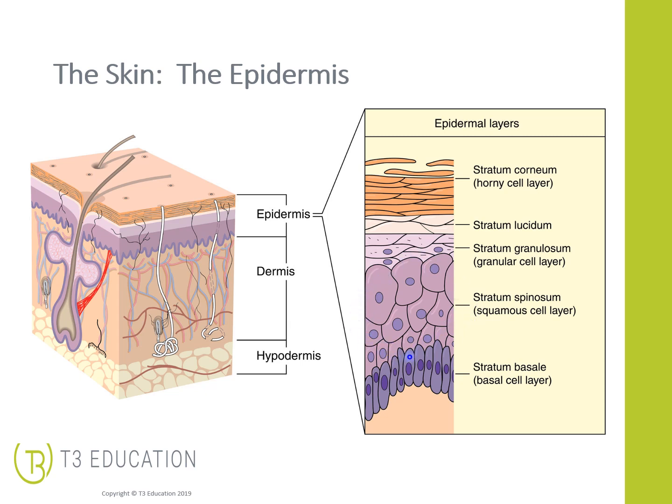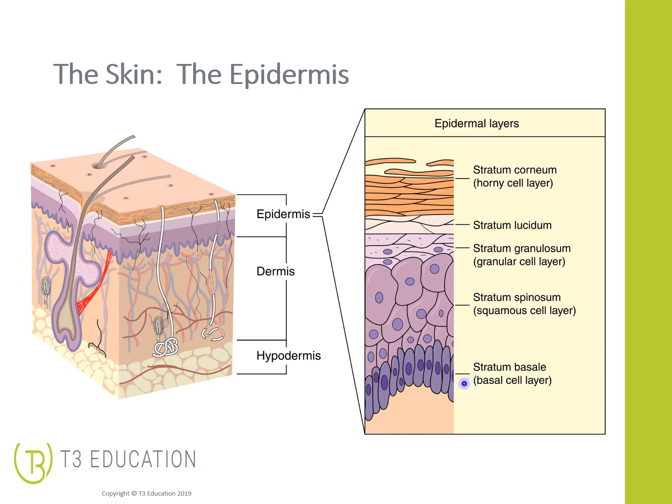And those projections help give structural reinforcement to the skin. And that's what helps to provide the strength and elasticity and the flexibility that we see when we apply shearing forces to the skin. It doesn't tear, it bends, it ebbs, it moves. So this helps to provide a lot of that elasticity that we see.